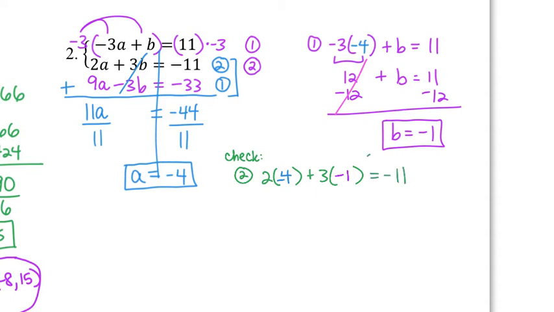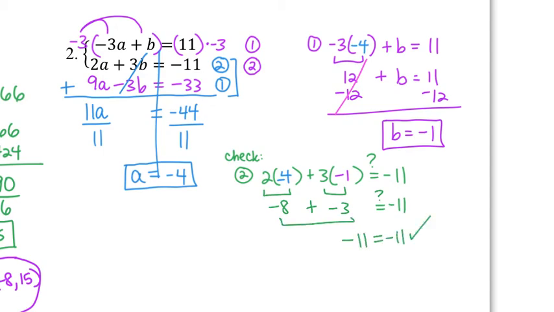We're going to confirm that this solution, negative 4, negative 1, works in equation number 2. We have to know the products first. 2 times negative 4 is negative 8. 3 times negative 1 is negative 3. Adding together, is negative 8 plus negative 3 negative 11?